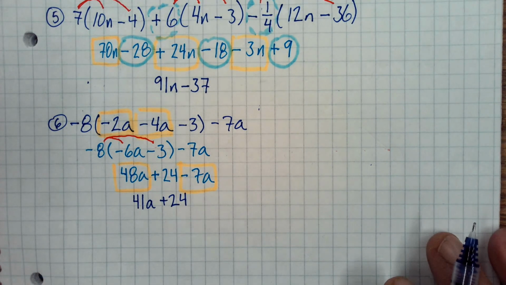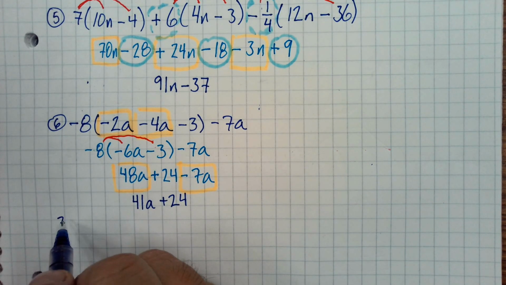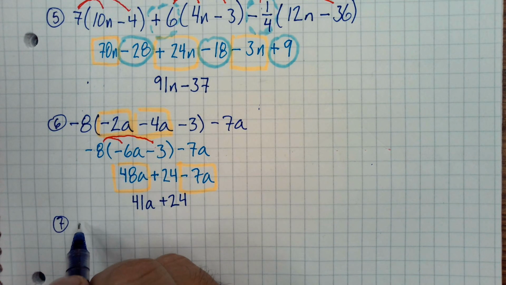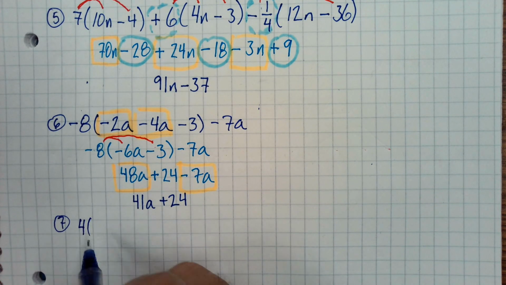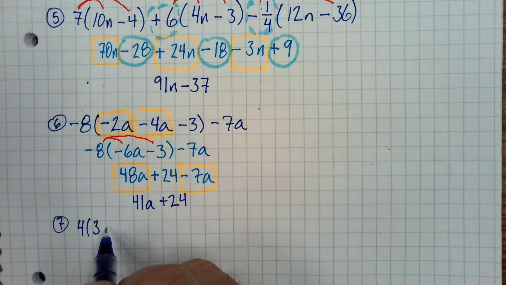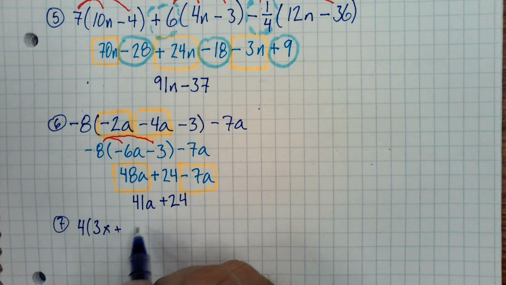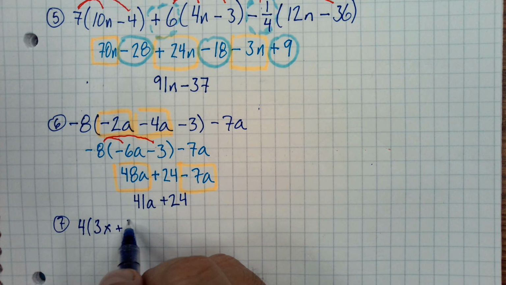All right, you guys ready? Yeah. Number 7. Ooh, it's a good thing my phone automatically goes on silent when I'm here because I'm getting all kinds of text messages.